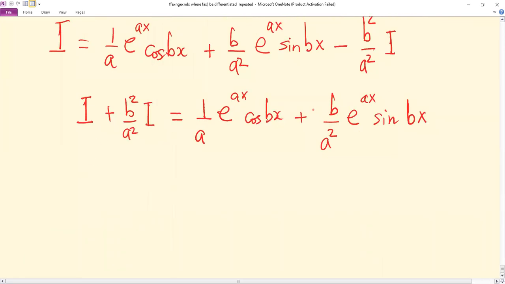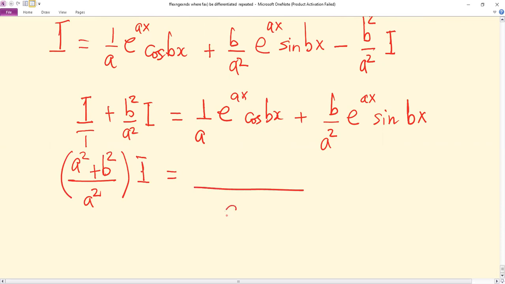So we'll have the LCM as a squared, and this is like over 1, so a squared plus b squared, and then we multiply by I. Let's put these ones also under 1 LCM, so we have a squared. A into a squared is a, so a e raised power ax cosine of bx plus b e raised power ax sine of bx.